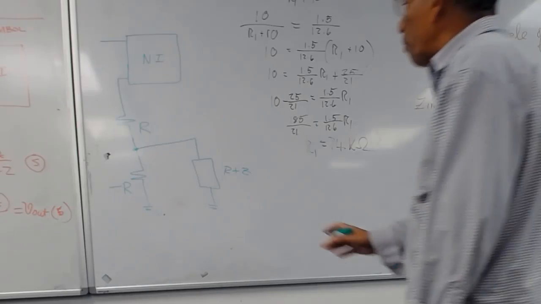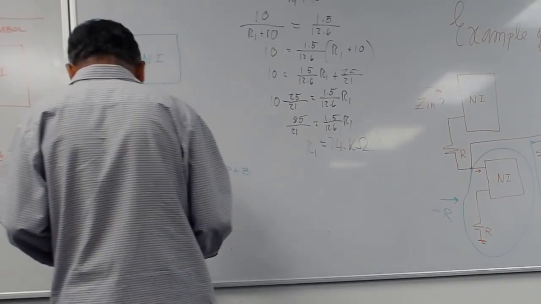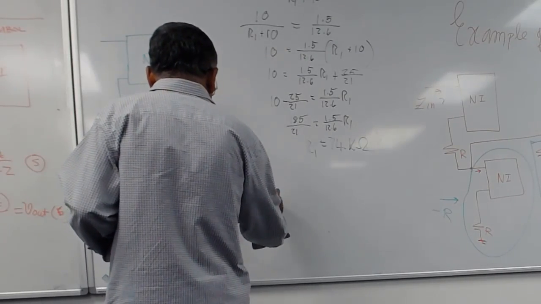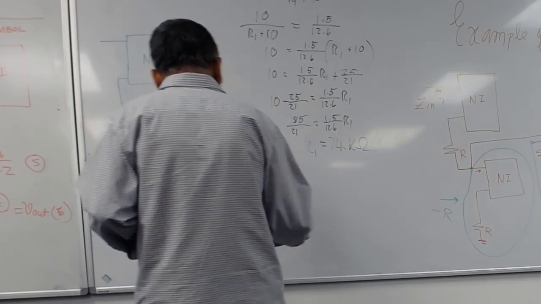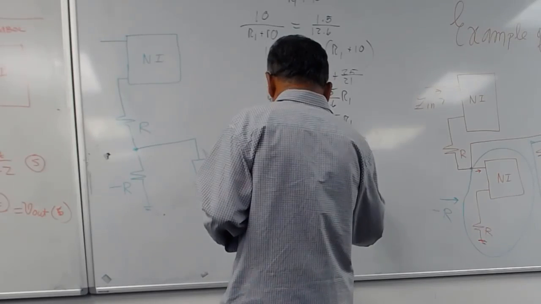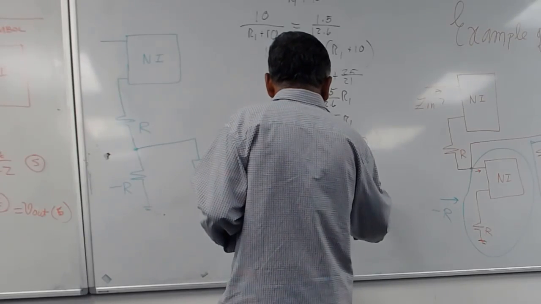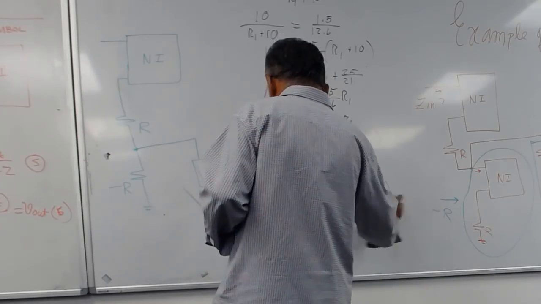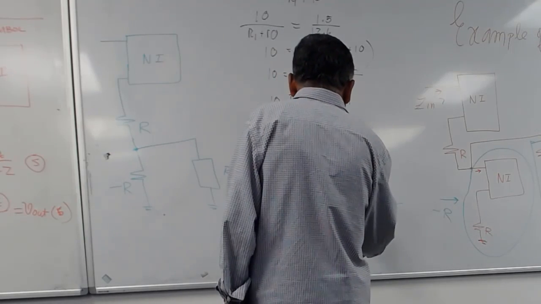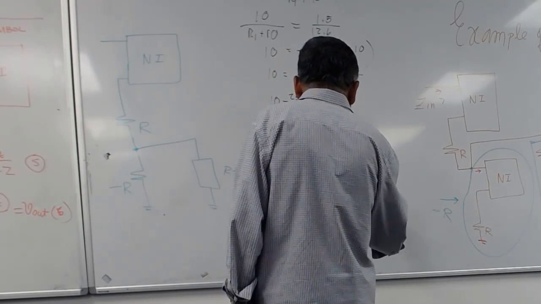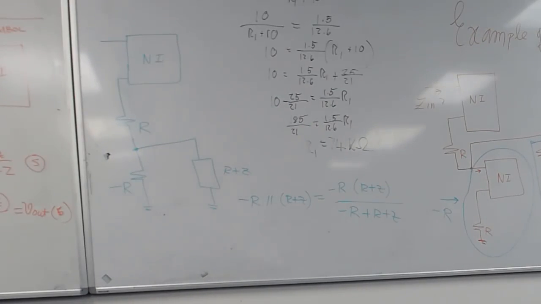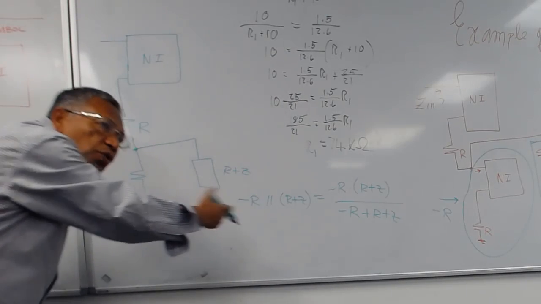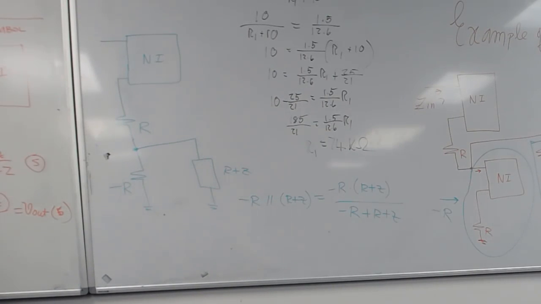So what is the parallel of minus R and R plus Z? Minus R in parallel with R plus Z is equal to minus R into R plus Z, divided by minus R plus Z. Just use your simple parallel formula.